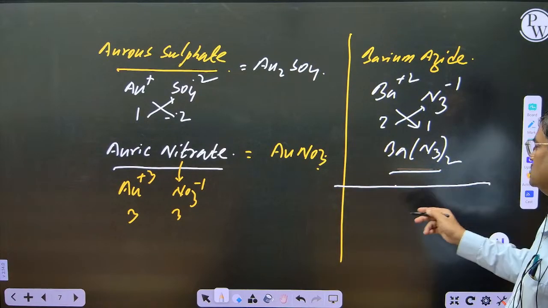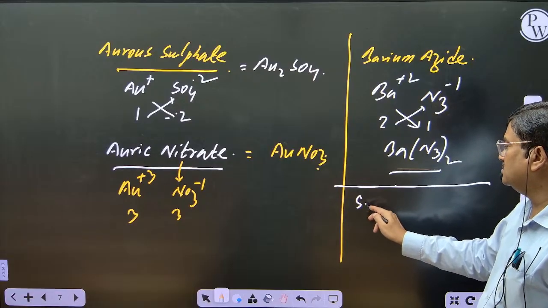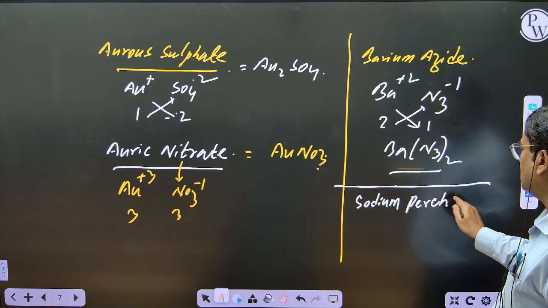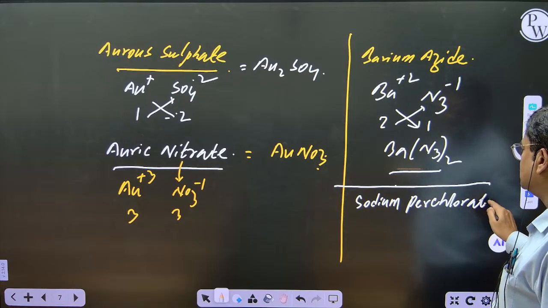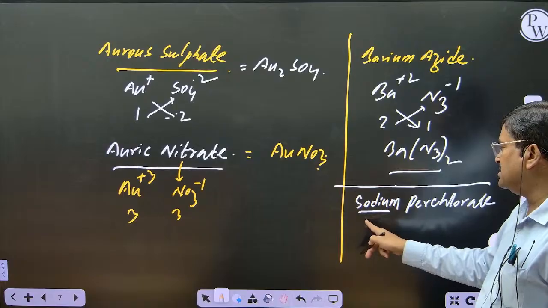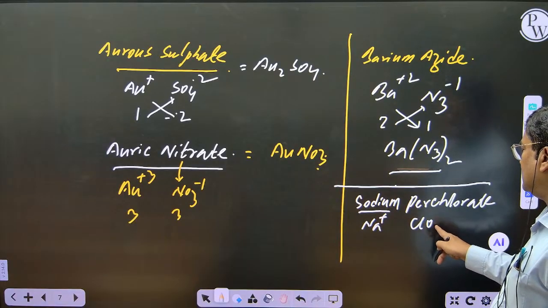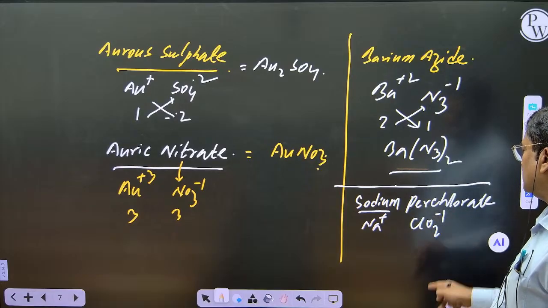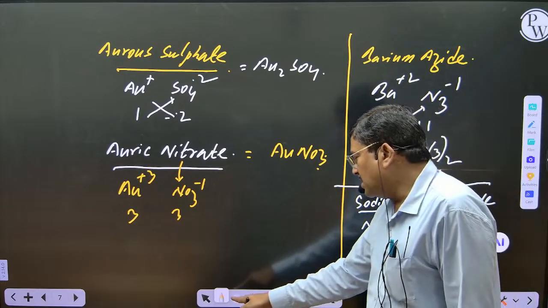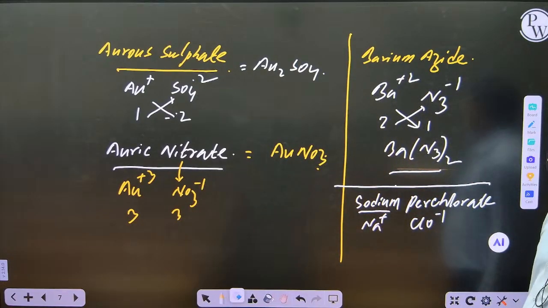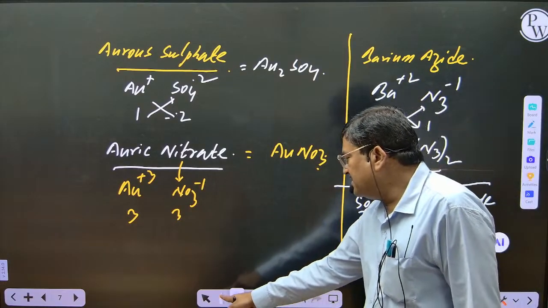Next, right, sodium perchlorate. What is the formula? So, student, sodium valence is 1. The perchlorate valence is ClO2 minus. Sorry, this is the chlorite ion. The hypochlorite ion means ClO minus. Both the valences are 1. So what will be the formula?